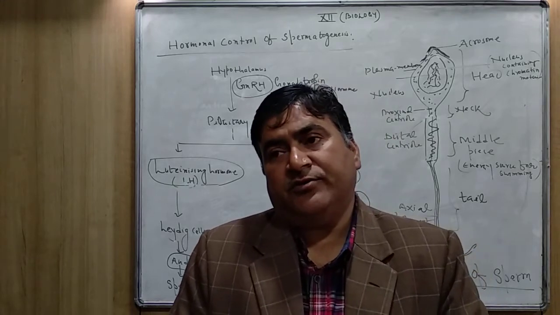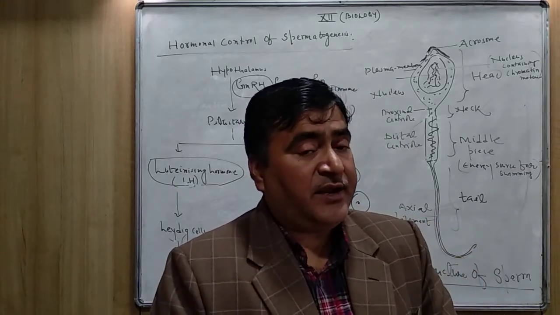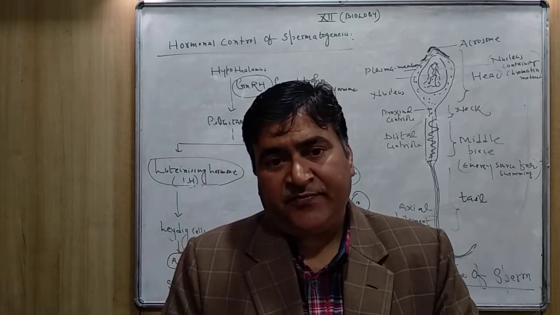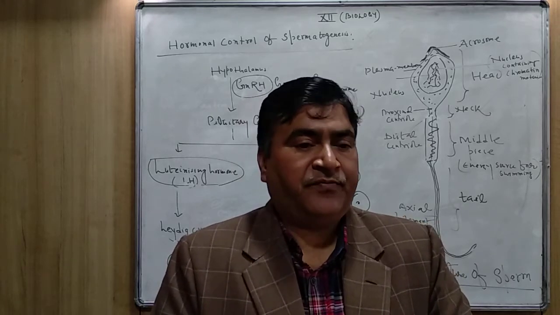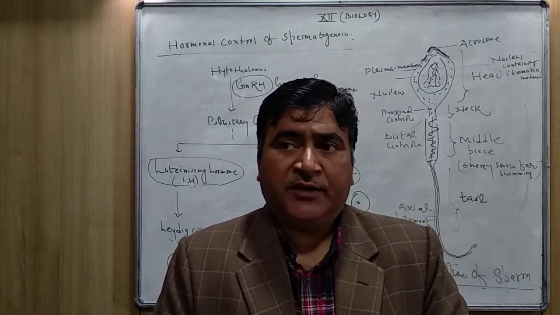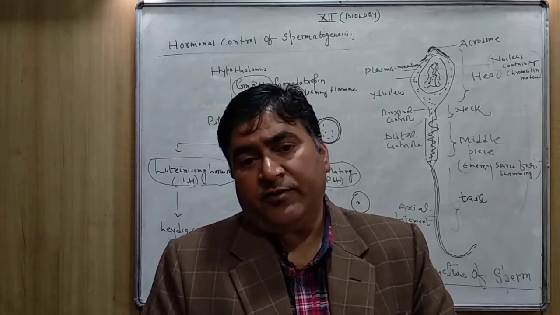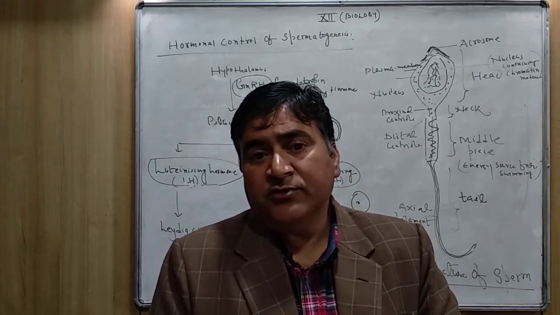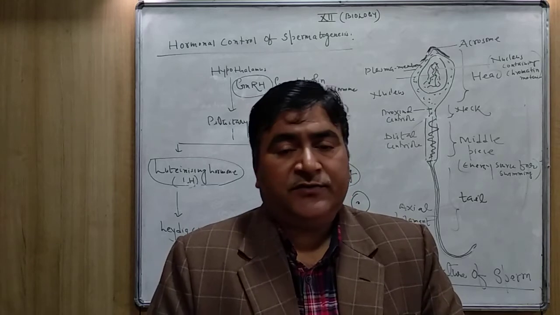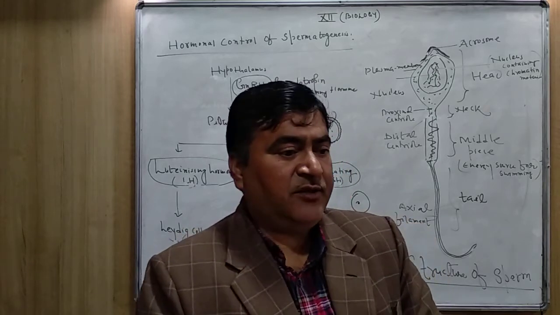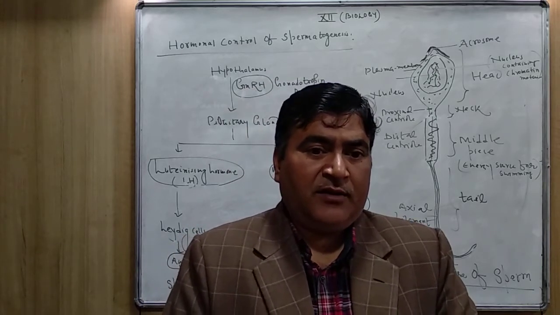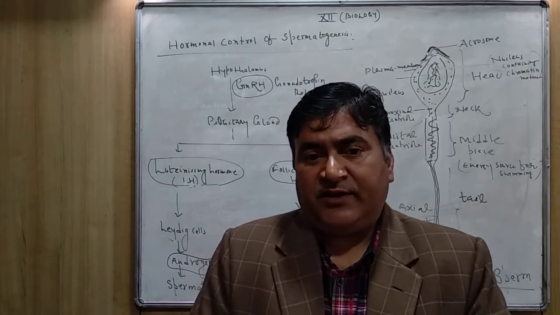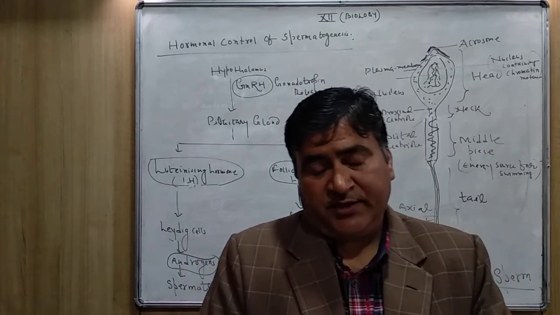Tomorrow I will teach you the next topic, that is oogenesis, how ovum is produced inside the ovary in female, which will be followed by the structure of the ovum. So tomorrow again I will discuss all these topics.